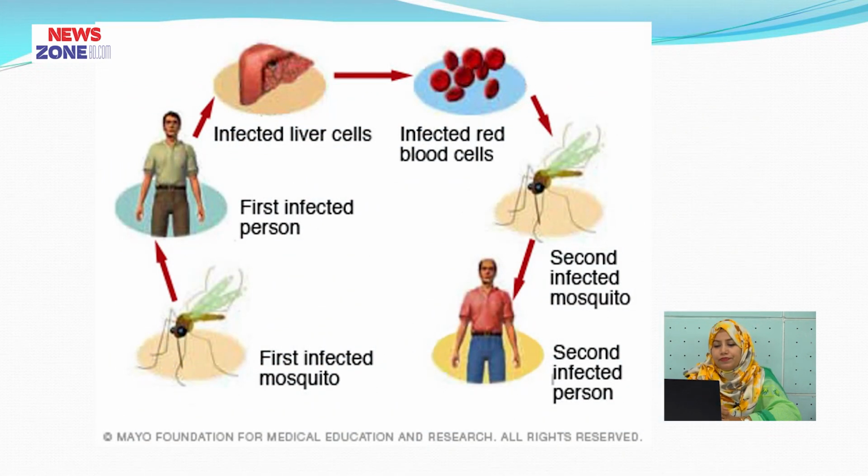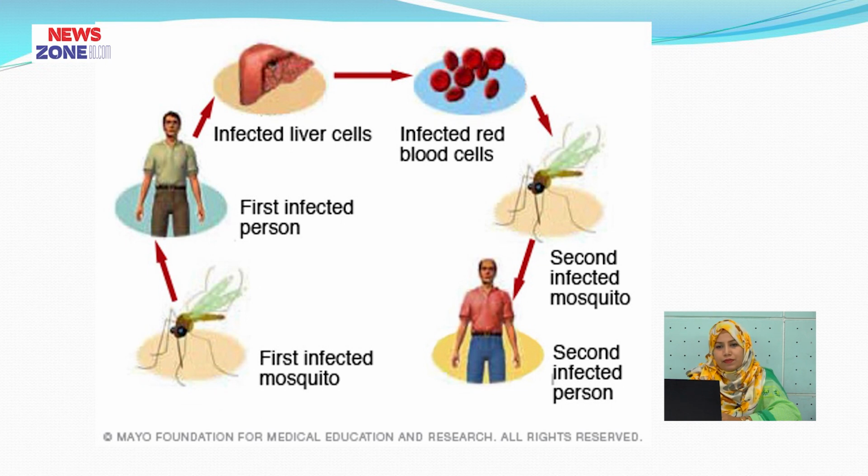Here is a diagram that shows that at first a mosquito is infected, and then if it bites a person, the person is infected by the mosquito. Then in the liver cell, the Plasmodium passes some stages of the malaria life cycle, and then they come out and infect the RBC.